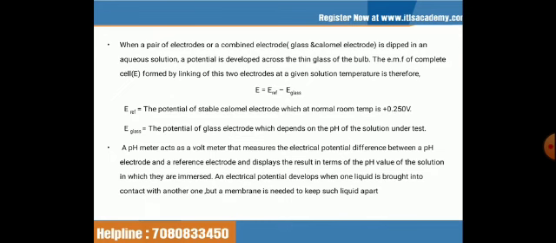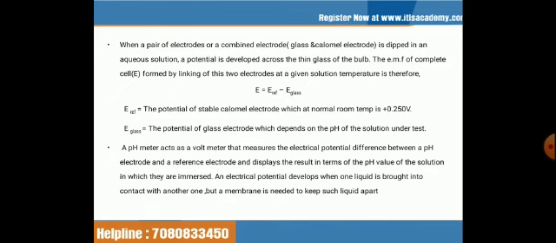Here E reference refers to the potential of a stable calomel electrode, which at normal room temperature is 0.5250 volt, and E glass is the potential of the glass electrode, which depends on the pH of the solution under test.